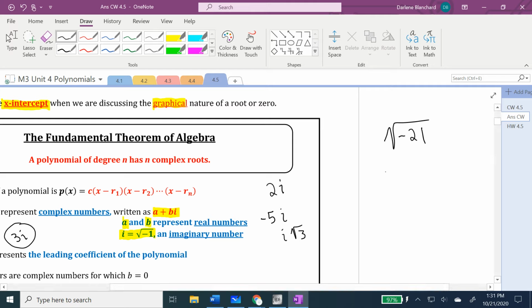You need to write this as i times the square root of 21, because we're separating the square root of -1 from the square root of 21, and then changing the square root of -1 into an i.